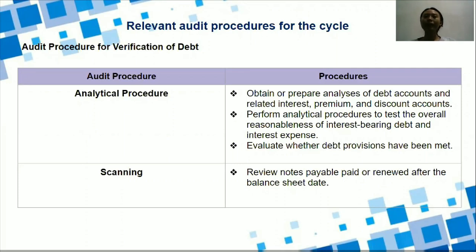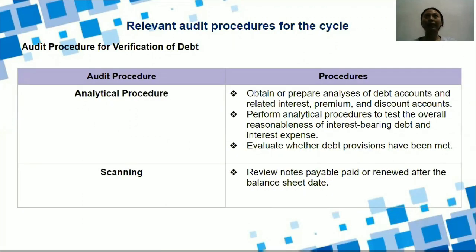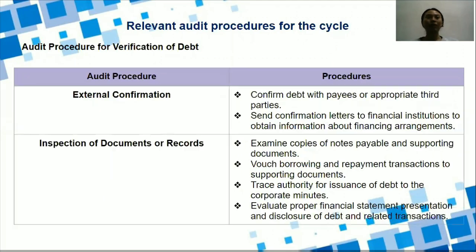And they can evaluate whether the debt provisions have been met. Okay, next for scanning, the auditor can review the notes payable paid or renewed after the balance sheet date, going through it to see whether there are significant errors or significant amounts.